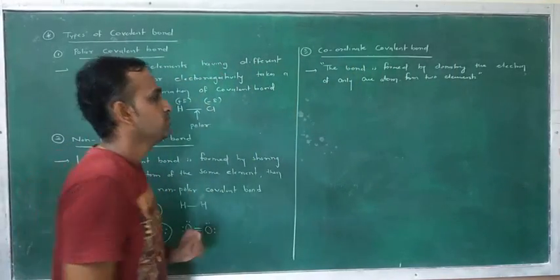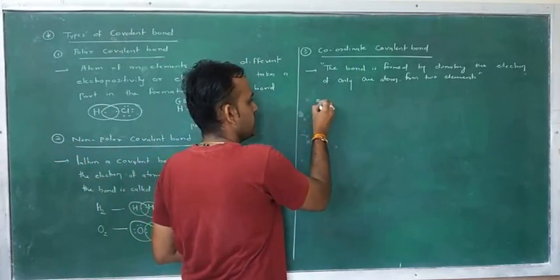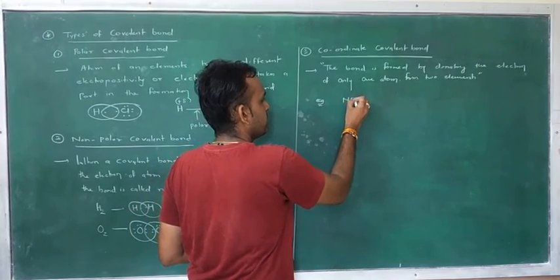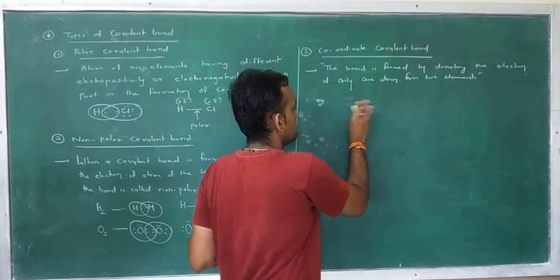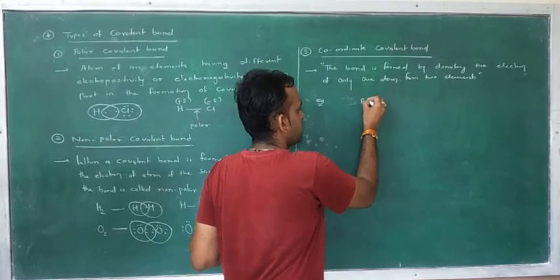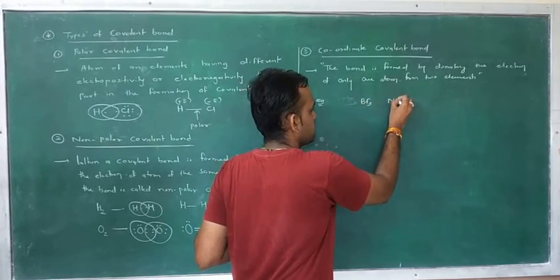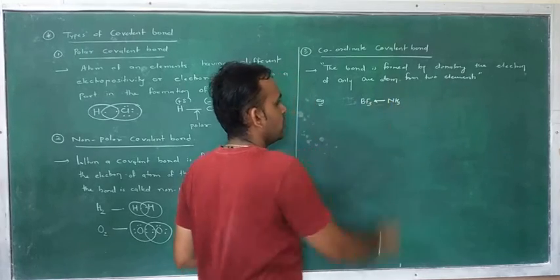As for example, if I take one example, just like NF3, BF3 and NH3. If I write here BF3 and here NH3, in between that is a coordinate covalent bond.